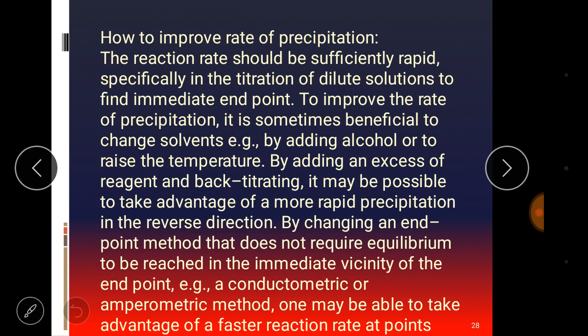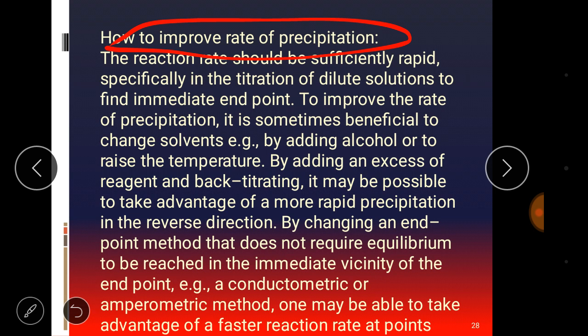Next, how to improve the rate of precipitation for particular reactions to get the best results. As we said, the first important desirable requirement is that the reaction should be sufficiently rapid to produce the product, which should have low solubility.